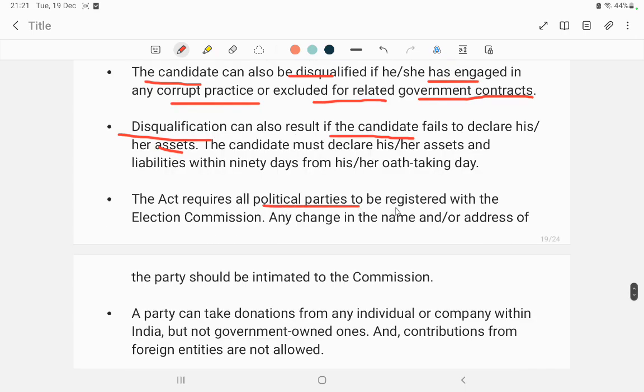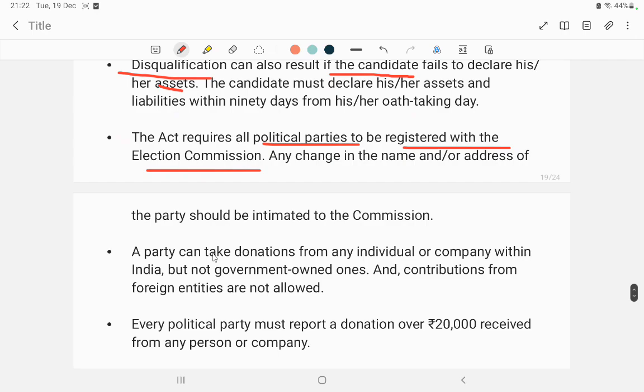That requires all political parties to be registered with the Election Commission. So whether it is BJP, INC, NDPP, anyone, they must register under the Election Commission. A party can take donations from individuals or companies within India but not government-owned ones, and contributions from foreign entities are not allowed.